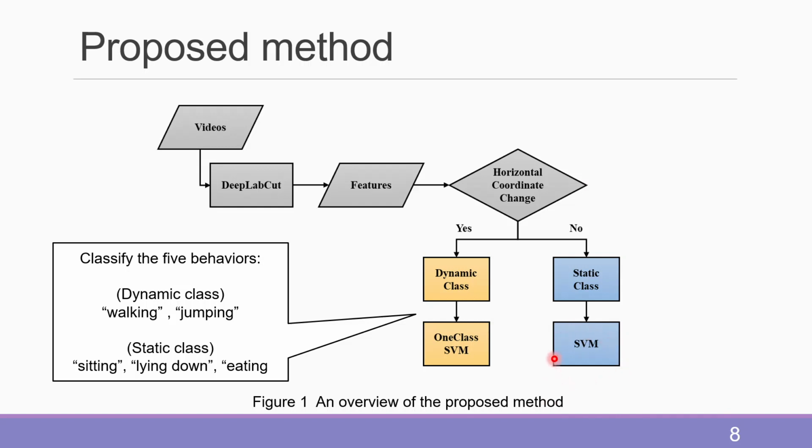On the other hand, outlier detection is used to classify the dynamic classes. Jumping will cause a sudden change in the vertical coordinates. Therefore, the change rate of vertical coordinates between the previous and current frame is calculated by DeepLabCut and used as a class separation feature.